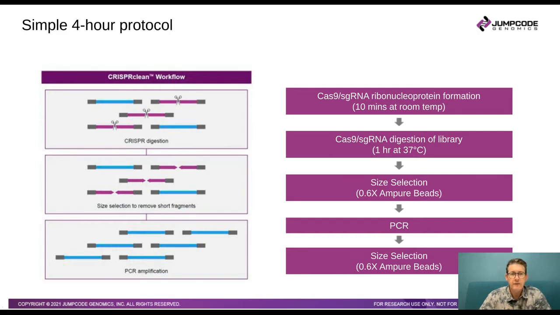Once those fragments are digested, a simple PCR amplification is used, and since the adapters that are ligated on the ends of those fragments in the NGS library construction process, since now those fragments are in two pieces, no PCR product can be formed from those fragments, and we end up with a material that's highly enriched for the areas that are informative, and the material has been depleted of the areas that are non-informative, and I'll show you data from that as we move through the talk today.